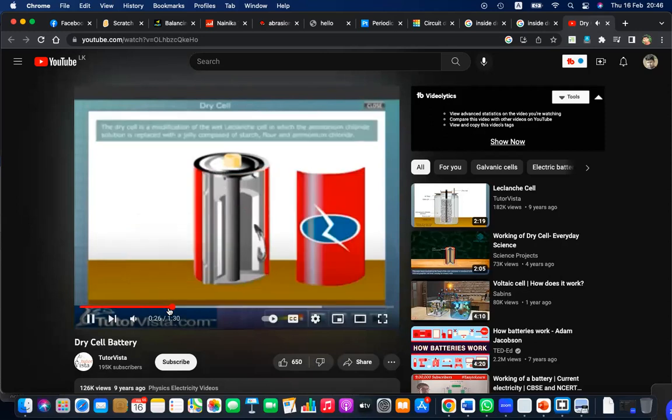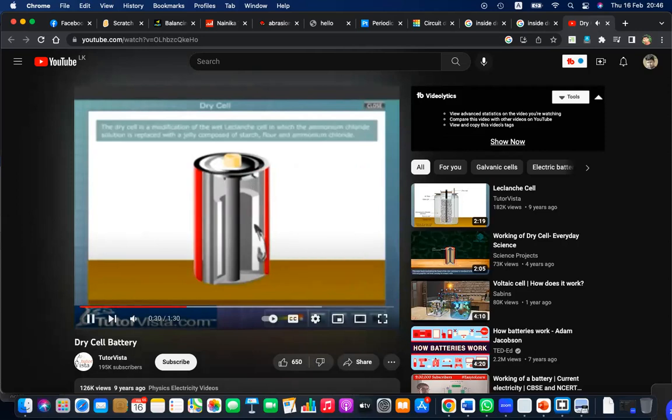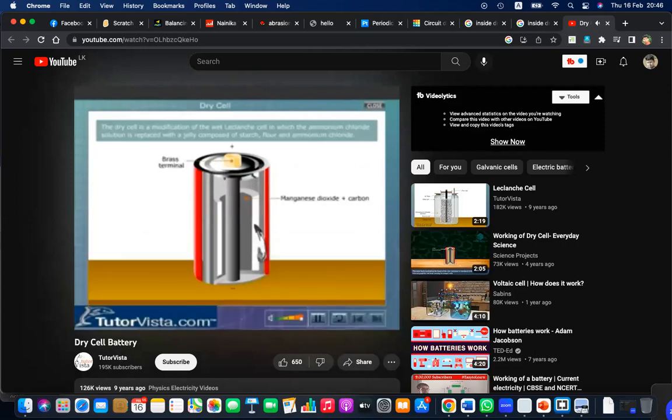In which the ammonium chloride solution is replaced with a jelly composed of starch, flour, and ammonium chloride. A mixture of manganese dioxide and carbon surrounds the positive electrode carbon rod. This is placed inside a zinc can, which serves as the negative electrode. The space between the central core and the zinc can is filled with the ammonium chloride jelly.